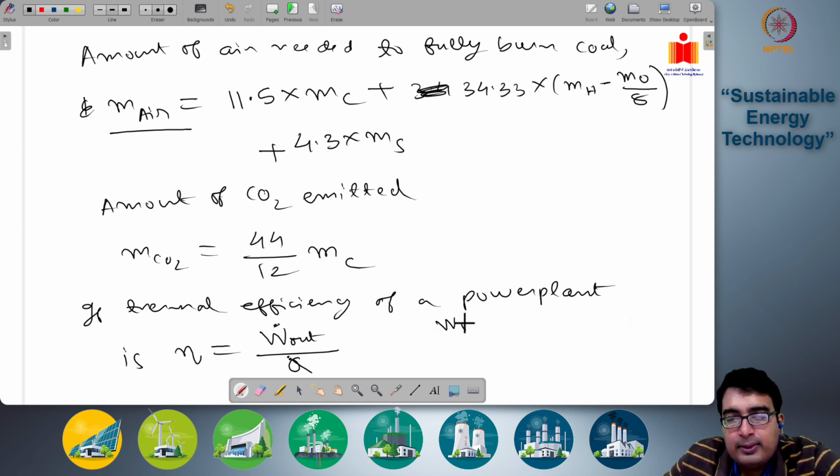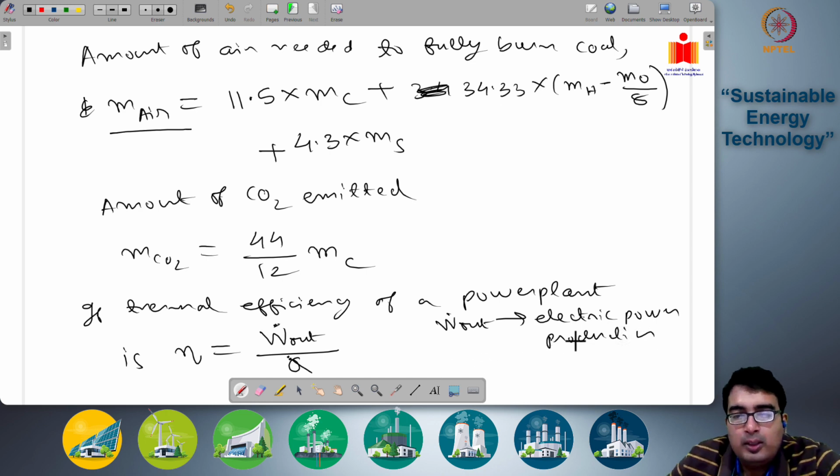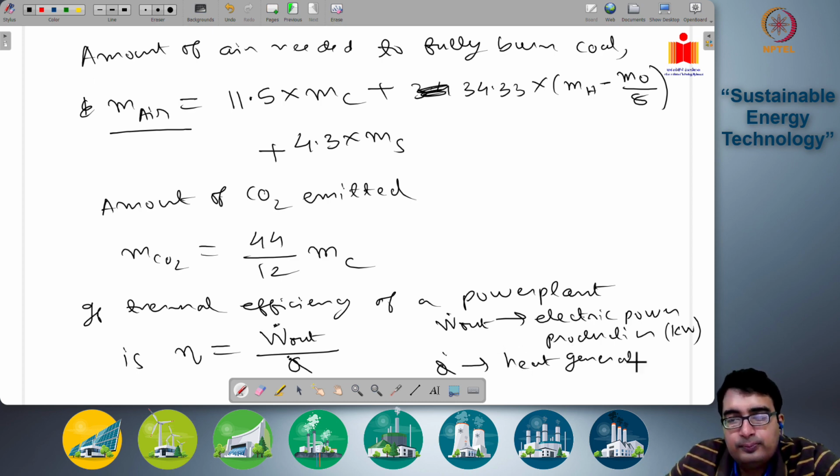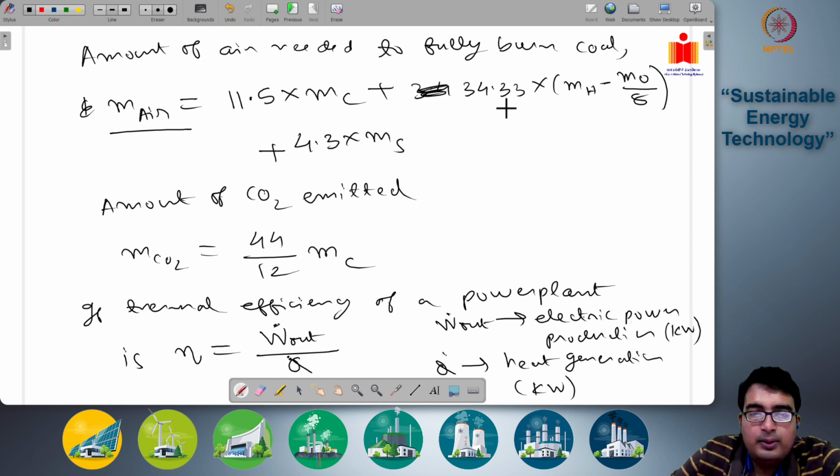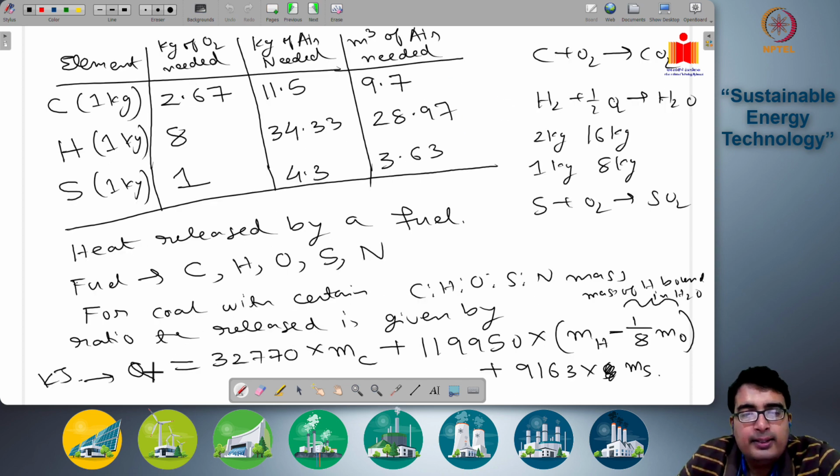And here this W dot out is the electric power production in kilowatts, and Q dot is the heat generation, also in kilowatts. Alright. So this is the heat generated for a given mass of coal.